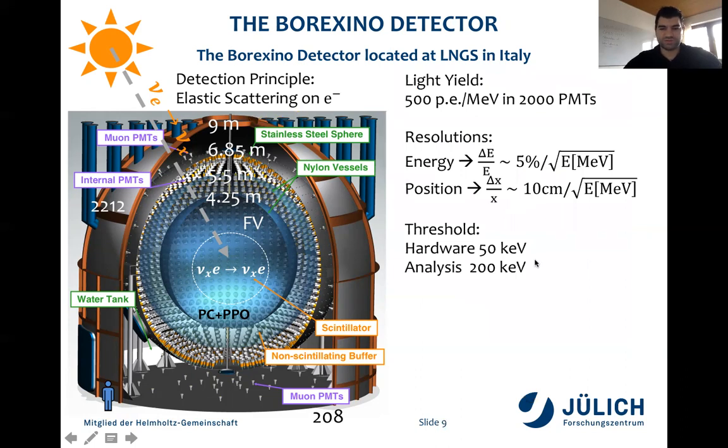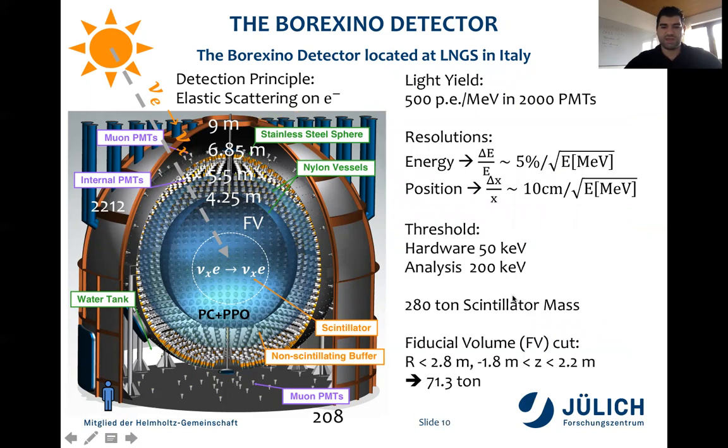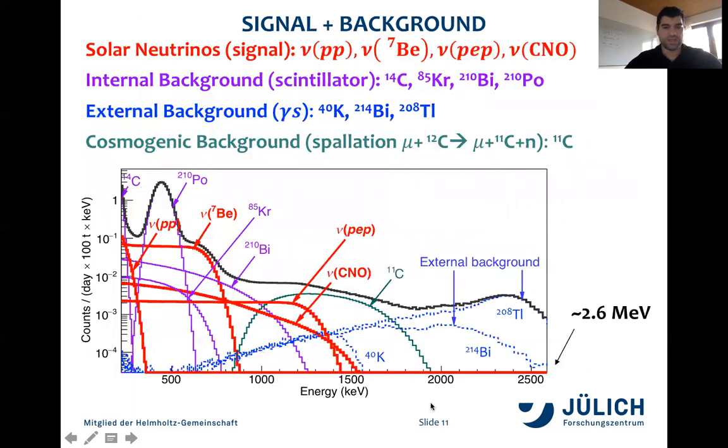The hardware threshold is 50 keV. The analysis threshold is in the order of 200 keV, and our active scintillator mass is 280 tons, while we apply a fiducial volume or software cut in our analysis with a radial cut of 2.8 meters and an asymmetric Z cut of -1.8 to 2.2 meters. This corresponds to 71.3 tons.